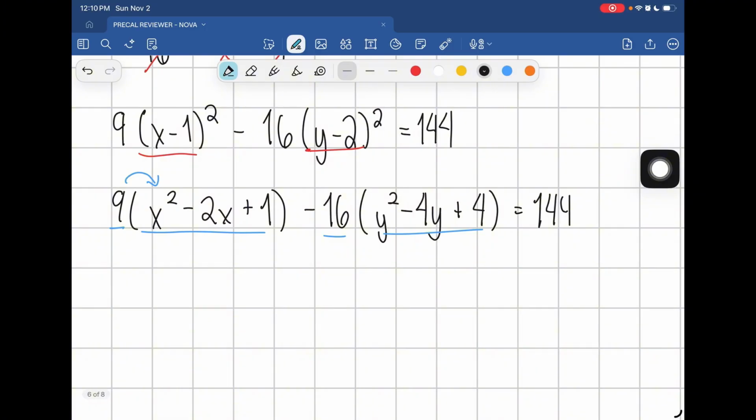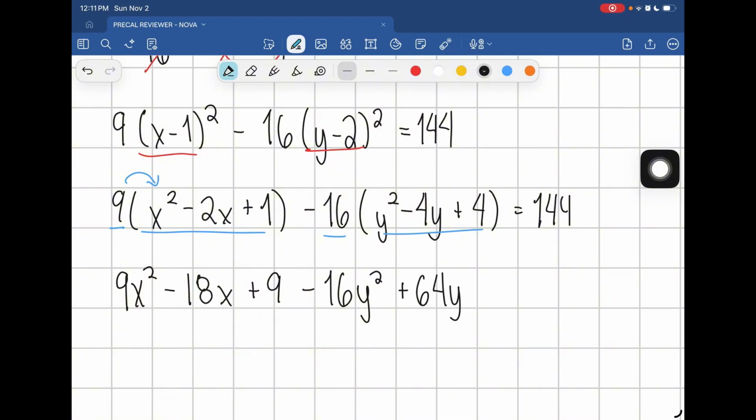So 9 times x squared is 9x squared. 9 times negative 2x is negative 18x. 9 times positive 1 is positive 9. Minus 16 times y squared is negative 16y squared. Negative 16 times negative 4y is positive 64y. And negative 16 times 4 is equals to negative 64.